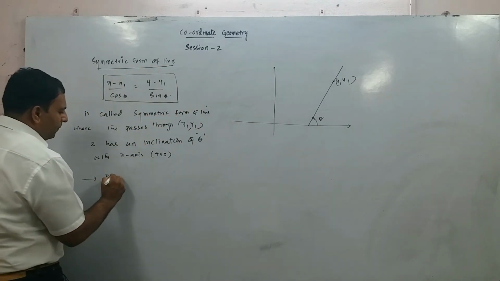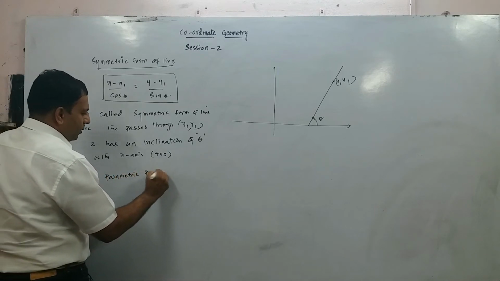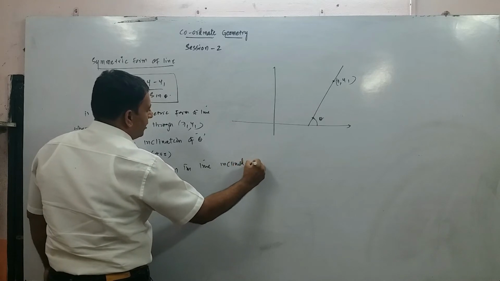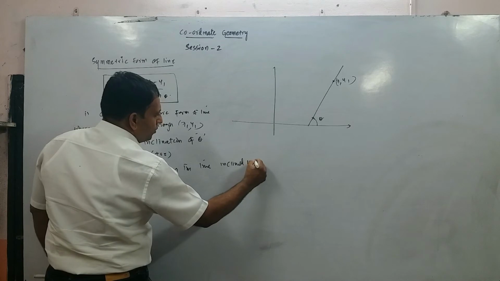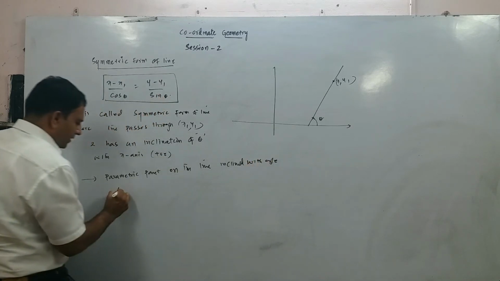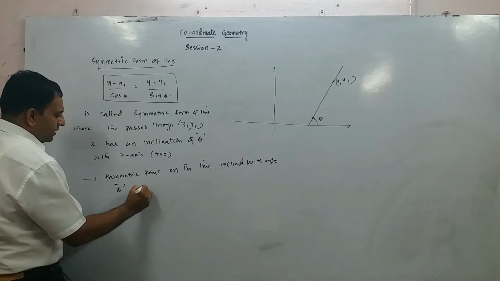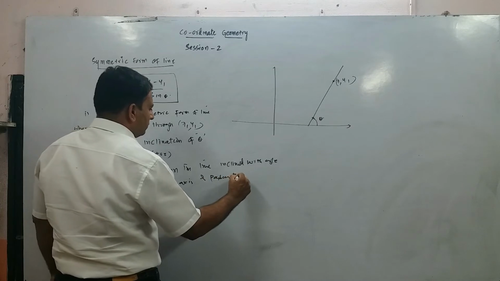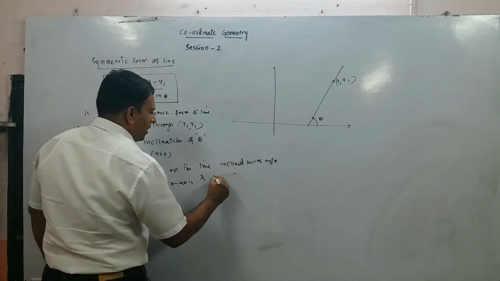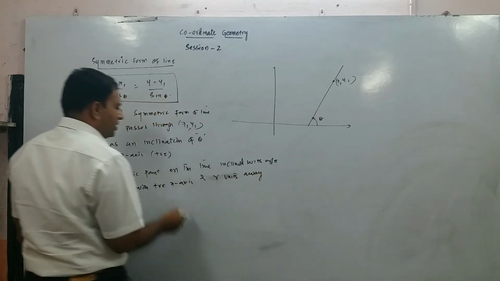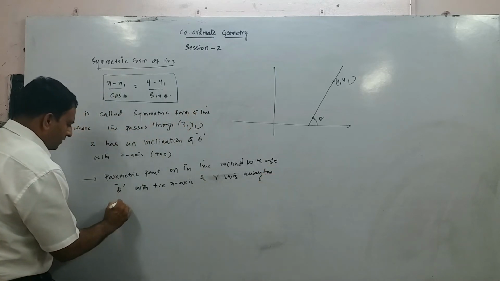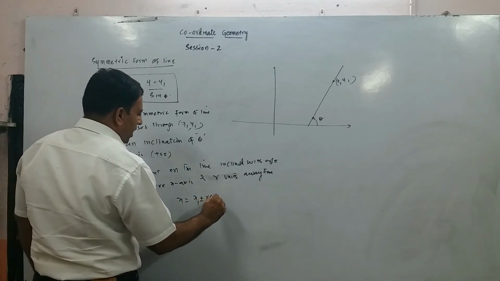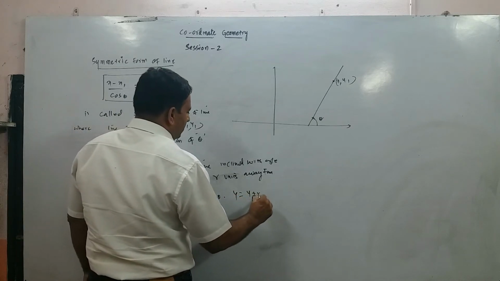Now, let me give an extension for you. Parametric point on the line inclined with angle θ with the positive x-axis, and r units away from (x1, y1) is x = x1 ± r cos θ, y = y1 ± r sin θ.